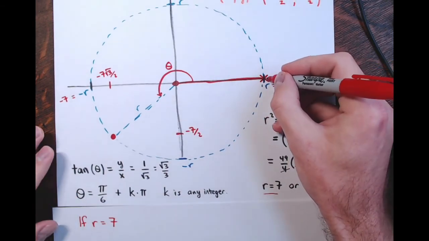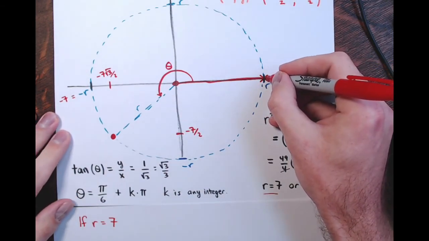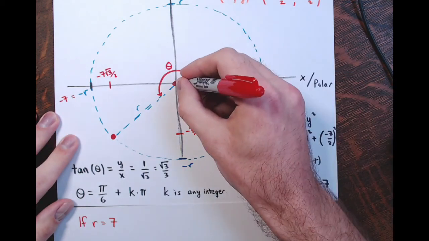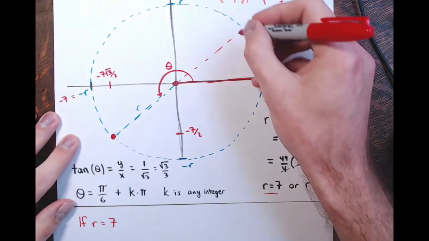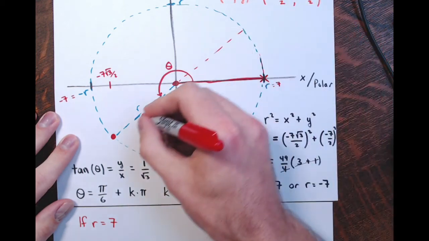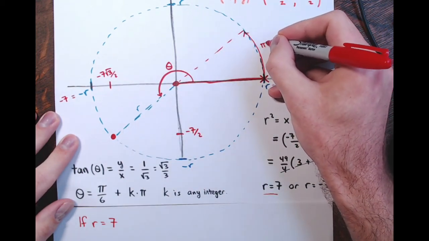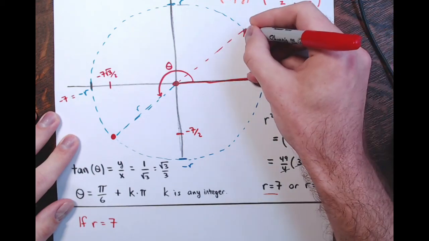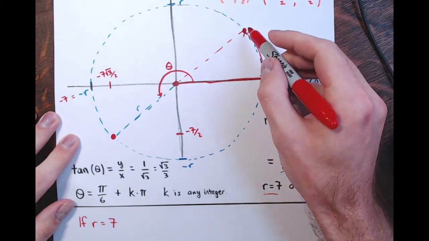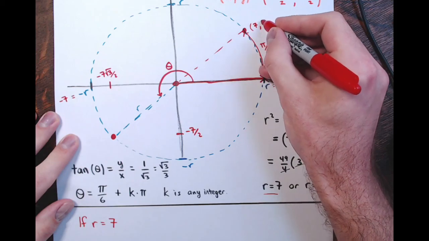Let's see. If I start at positive 7 and sweep out pi over 6 radians, and I know it looks like more than 30 degrees, but they should form a straight line here, I'm landing here. There's the point 7 comma pi over 6.